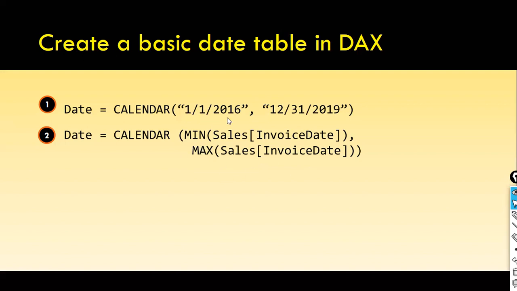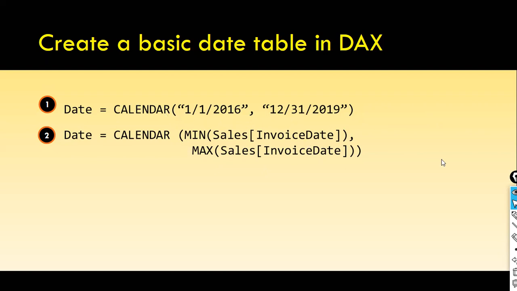Assume that you specify the value directly like this. What will happen is, let's say, after 15th Jan 2020, if you want to take a report, you will not have any data in the calendar table for that period.